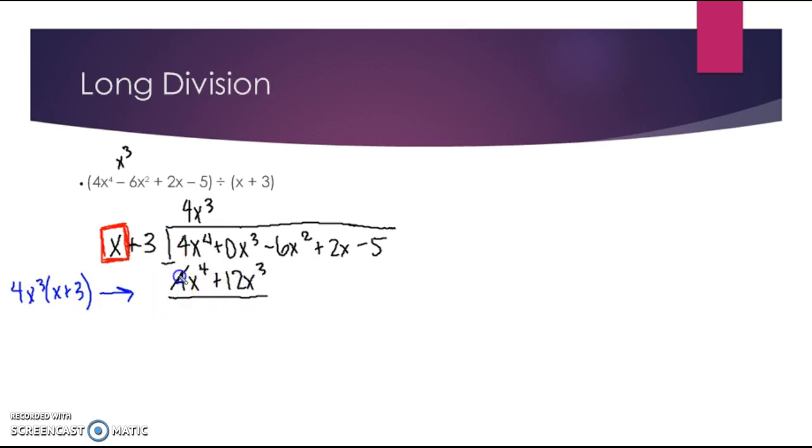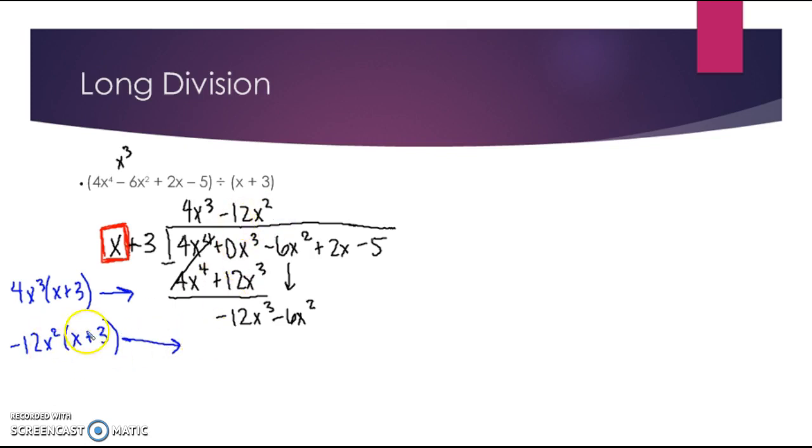And then I subtract. The first one should always cancel if you're doing it correctly. 0 minus 12 is negative 12x cubed. Same thing, I'm going to go back to my x here. So x times negative 12x squared gives me this negative 12x cubed. Then go and bring down my negative 6x squared. Then I've got to take negative 12x squared times x plus 3 to get this next line down here.